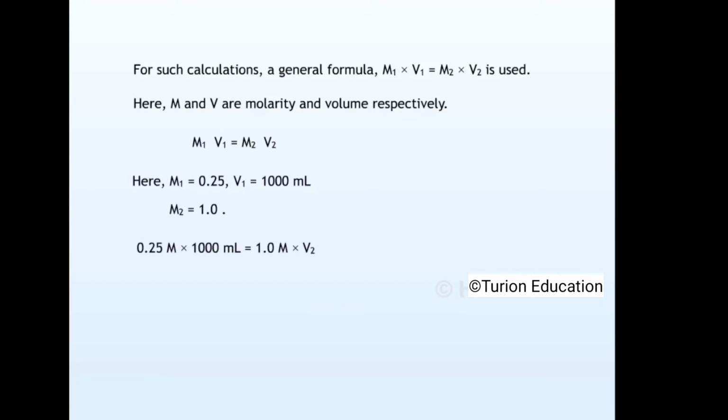Here, M and V are molarity and volume respectively. M1 equals 0.25, V1 equals 1000 milliliter, and M2 equals 1.0. 0.25 M into 1000 ml equals 1.0 M into V2. Therefore, V2 equals 0.25 M into 1000 ml by 1.0 M equals 250 milliliter.